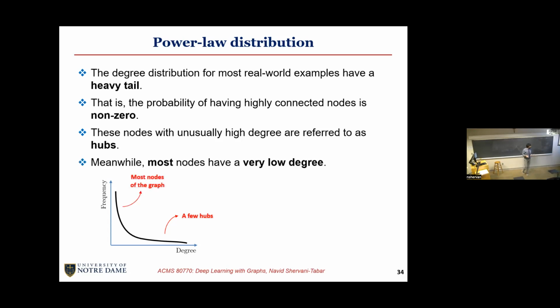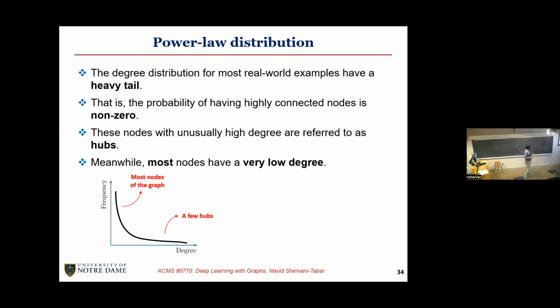So while there are a few hubs throughout real graphs, in most cases nodes have very low degrees, right? So that's essentially how we characterize the distribution of degrees throughout the graph.